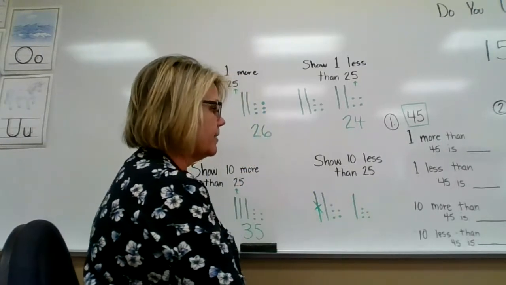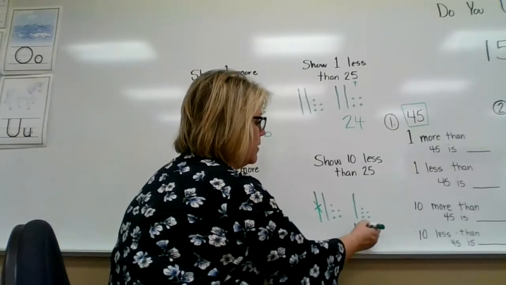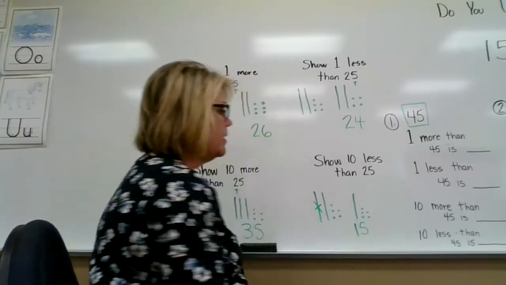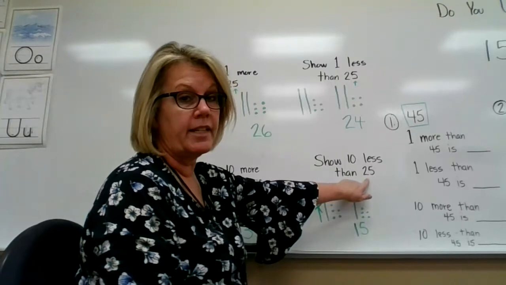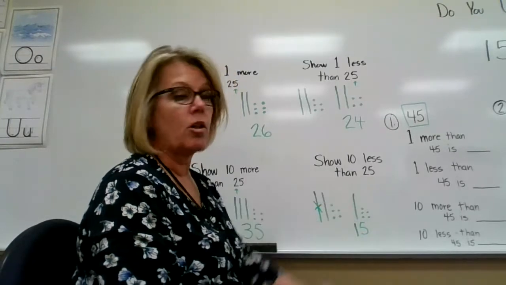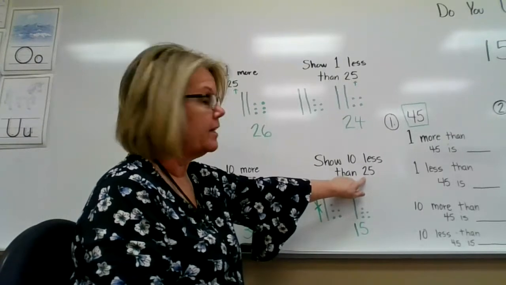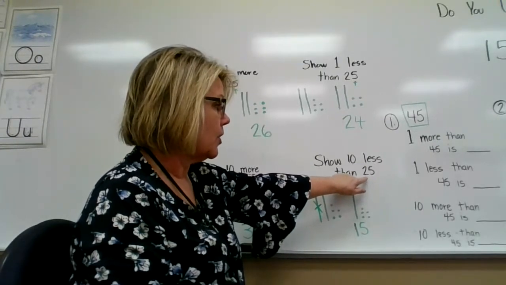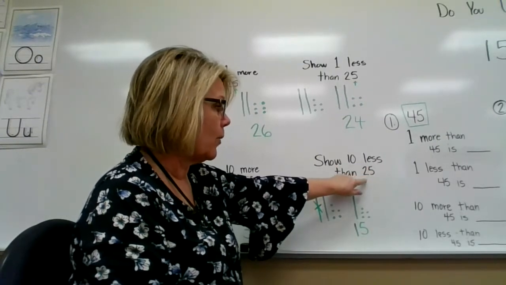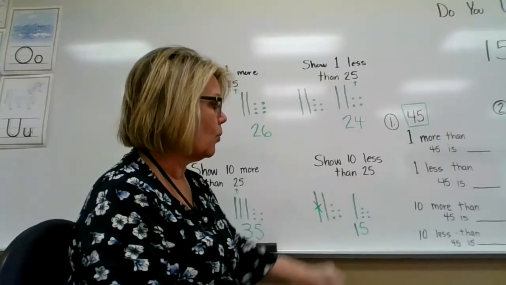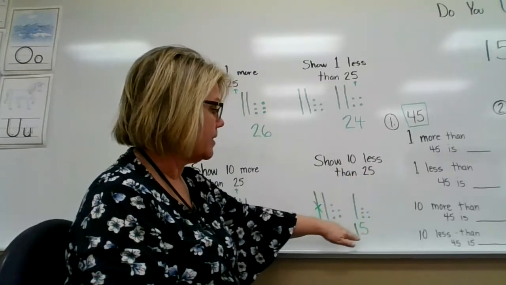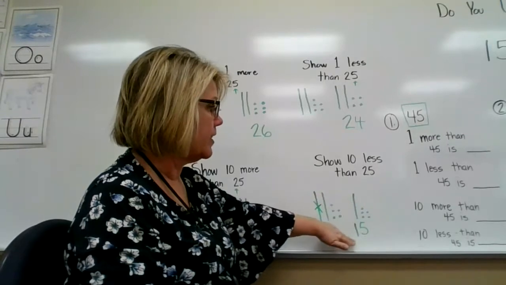What is 10 less than 25? 15. The number in the tens digit gets smaller by 1. We have a 2 in the tens place. So if we take one group of 10 away, this now goes from 2 to 1, which means 10 less than 25 is 15.